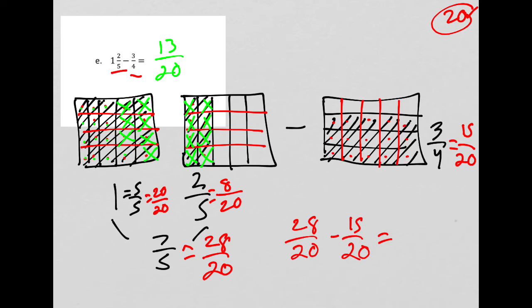And that does give me 13 twentieths, because 28 minus 15 is 13, and the 20 remains the same. So we drew our two models, we turned them into common denominators with equivalent size pieces, and then we were able to cross off and get to our 13 twentieths.